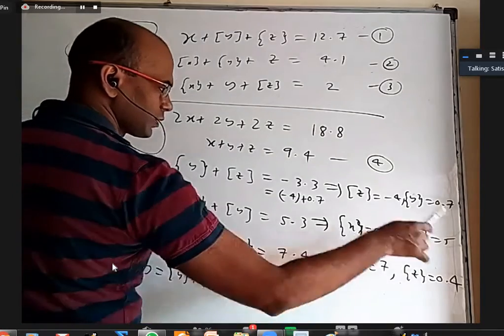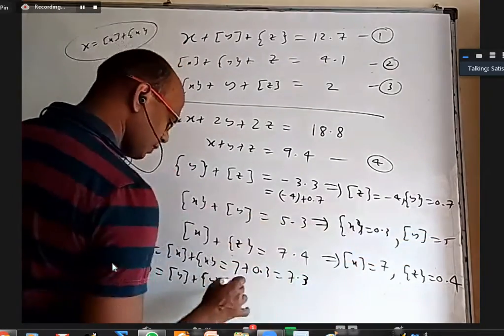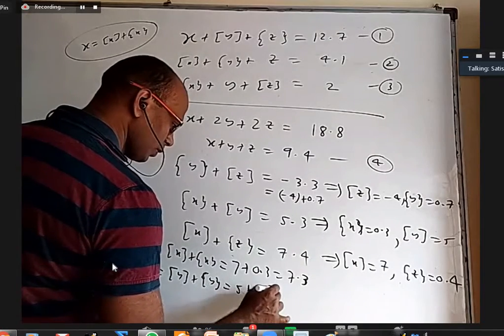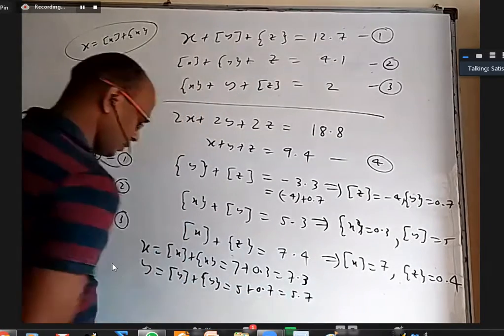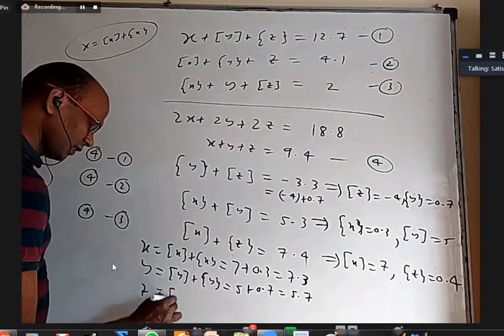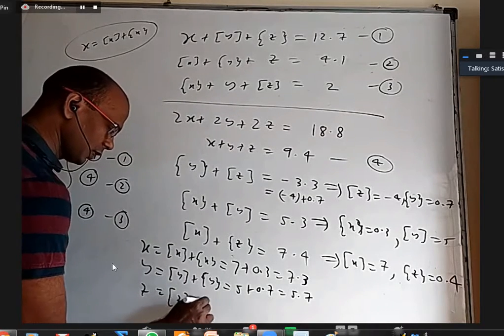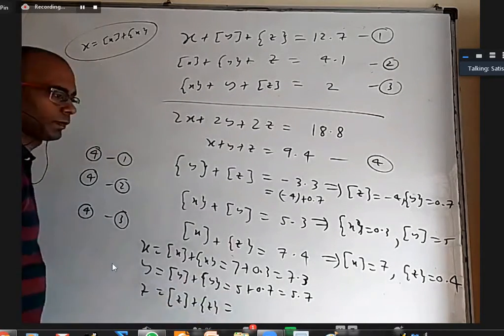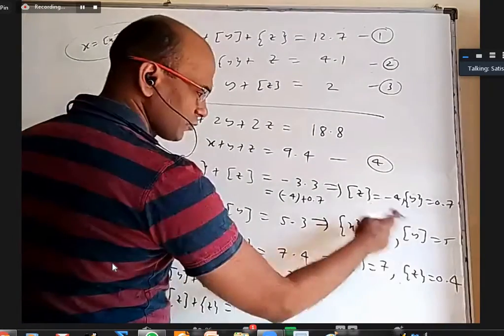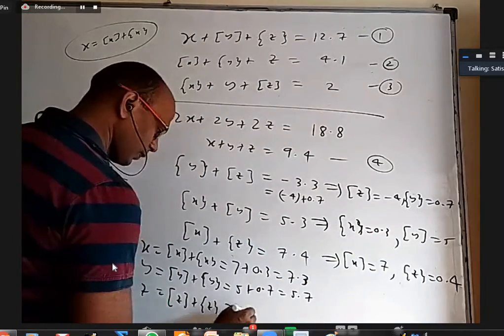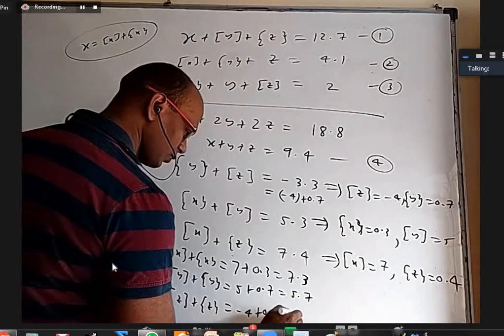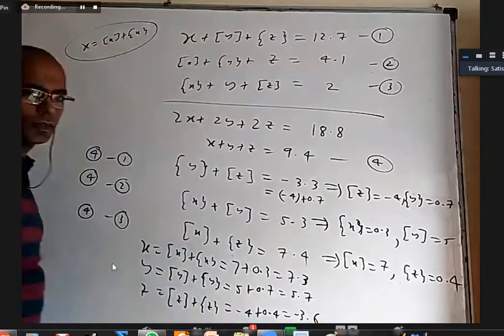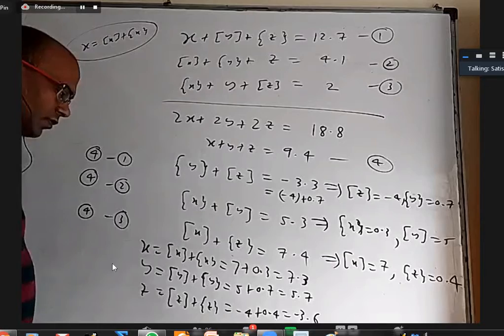Integer part of y is 5, fractional part of y is 0.7. So 5 plus 0.7 is 5.7. Z is integer part of z plus fractional part of z: minus 4 and 0.4. Minus 4 plus 0.4 is minus 3.6. So we are able to find x, y, z values.